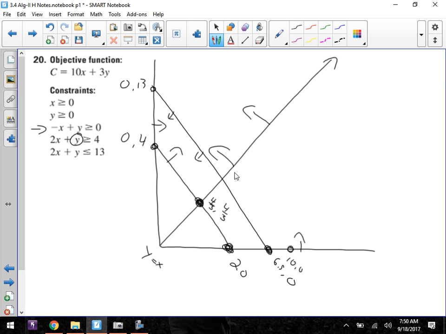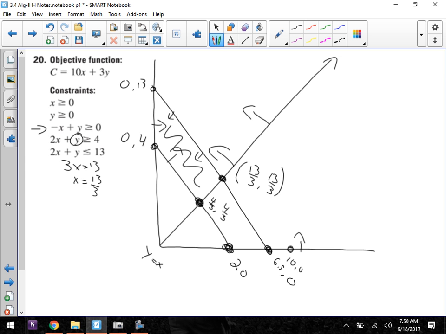So here we have a region, but I have to figure out this point. Again, knowing that y equals x, 3x is 13, therefore x is 13/3, which makes y 13/3. We okay with that?